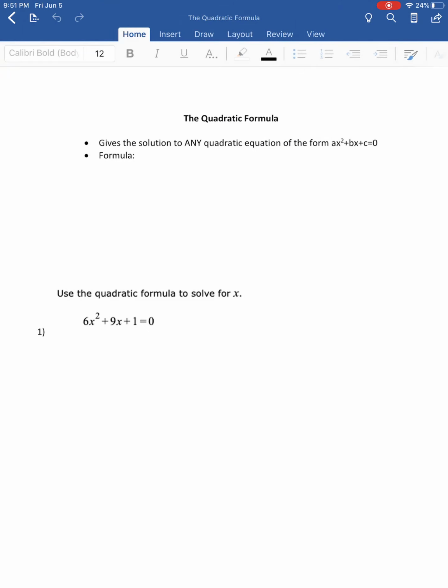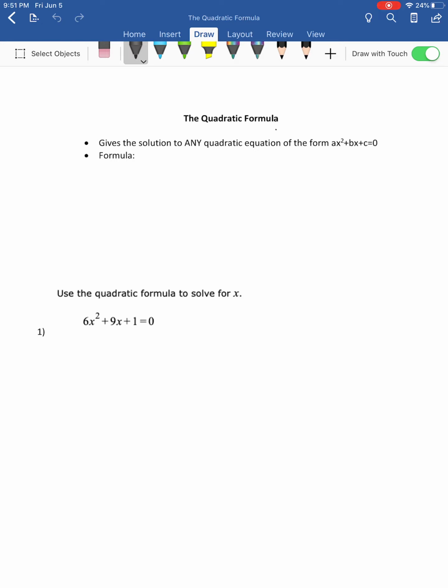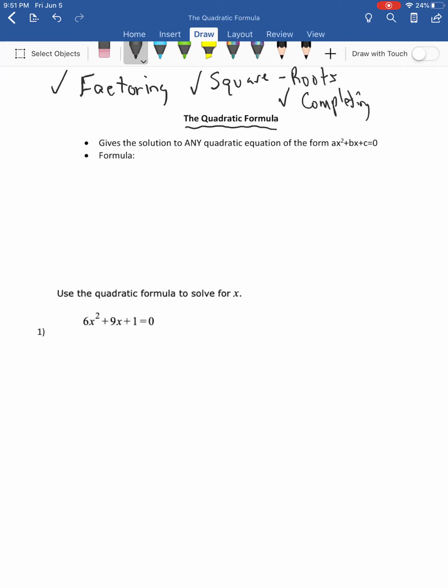Okay, so this lesson is going to be about the quadratic formula. The quadratic formula is another method for solving the quadratic equation. So far we've done factoring, we've done square roots, and last lesson you did completing the square.